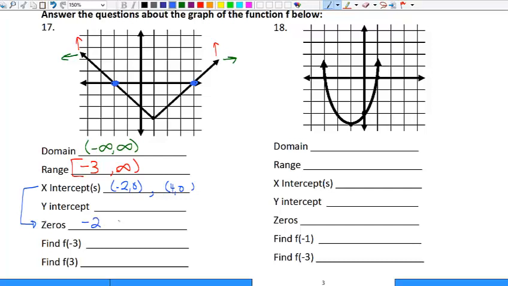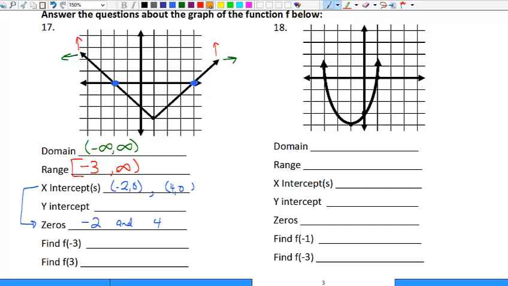So negative 2 and 4 would be the two zeros, but the x-intercept would be written negative 2 comma 0 because that's actually a location on the graph, and 4 comma 0 because that's a location on the graph. The zeros are just at what value is the graph at 0. So basically the same kind of answer, but they're written differently.